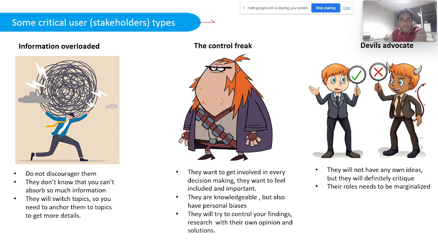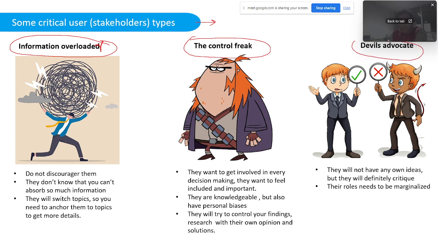So apart from the normal users who are supportive in your design process, who are supportive to your inquiry, you may encounter some such critical users. Okay, so there are three such types, which are information overloader, the control freak, and devil's advocate.